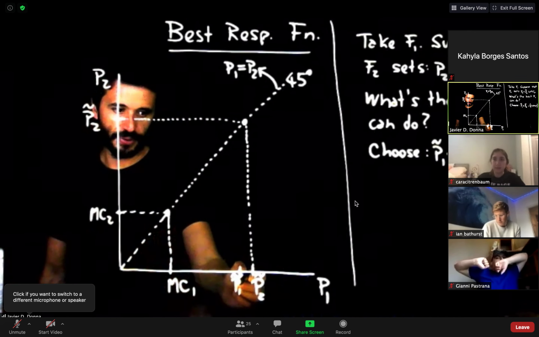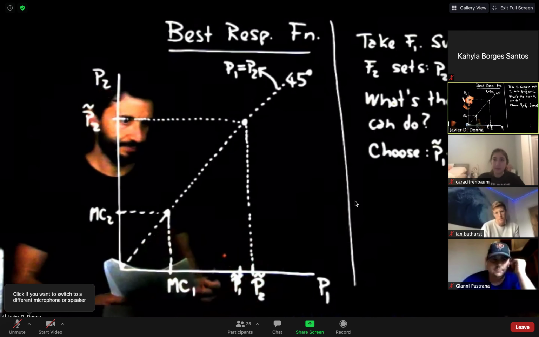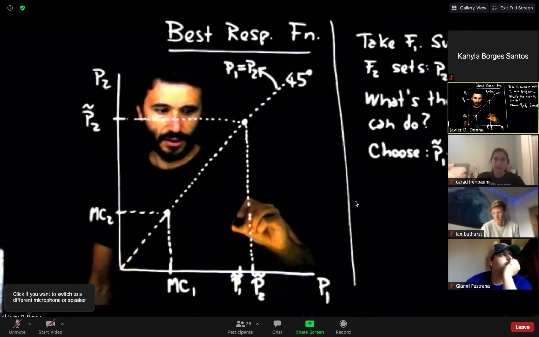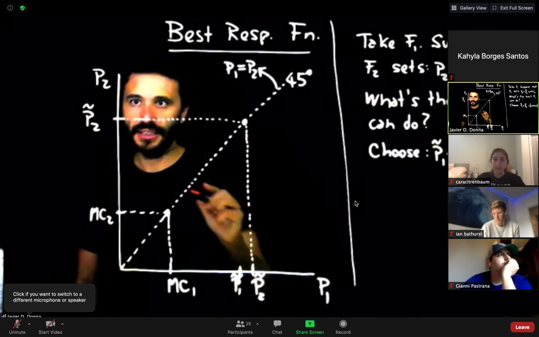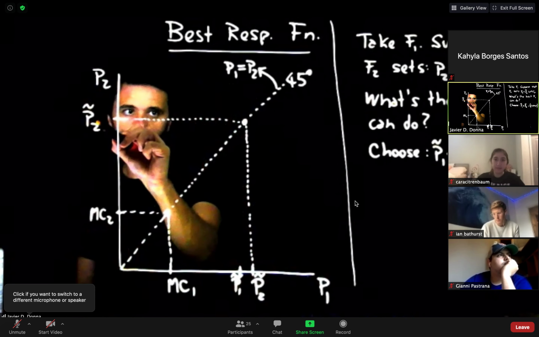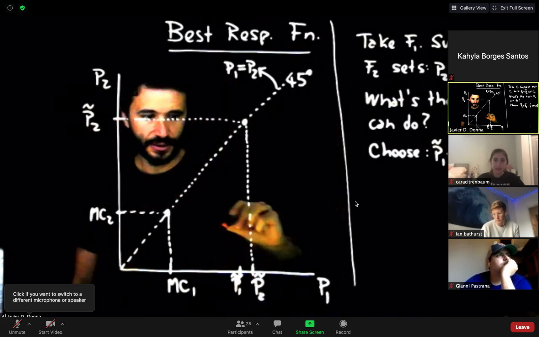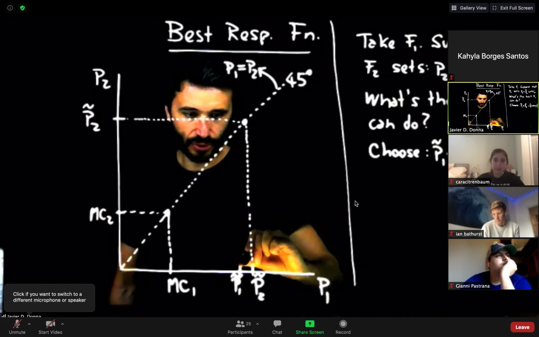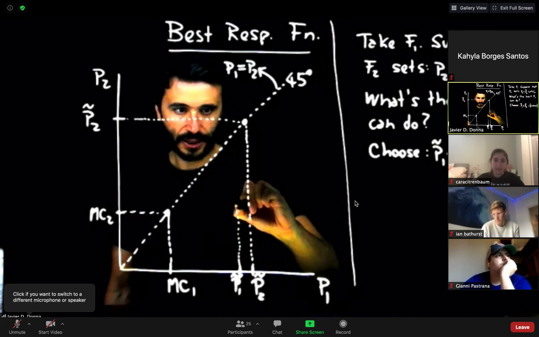And this is P1 here. So this means that if firm 2 chooses P2, so P2 is this line over here, then firm 1 the best you can do is to choose P1, that is this line over here.